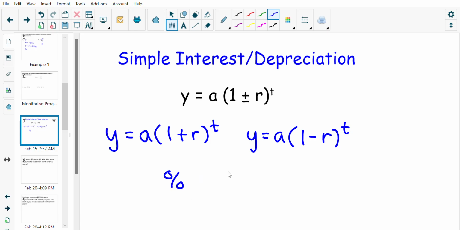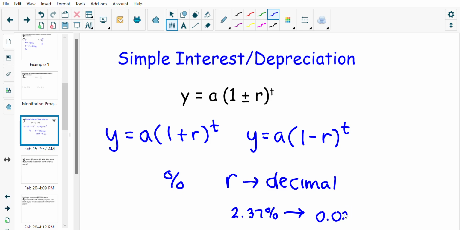Now remember that r value, we have to always convert it to a decimal. So for example, if it was 2.37%, as a decimal, that's going to be 0.0237. And this would be the r value that we put into our equation. So even though there's a decimal right here, we have to make sure we make that conversion.